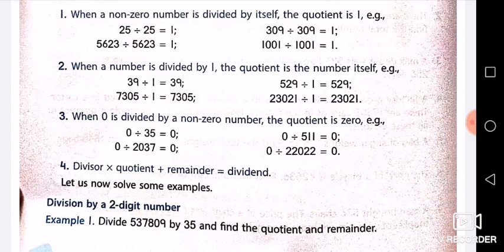So this is the fourth property which we are going to use in a few of the questions when we have to check whether the quotient is correct, whether the remainder is correct or not.